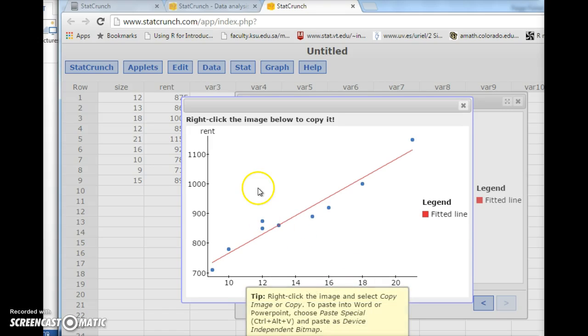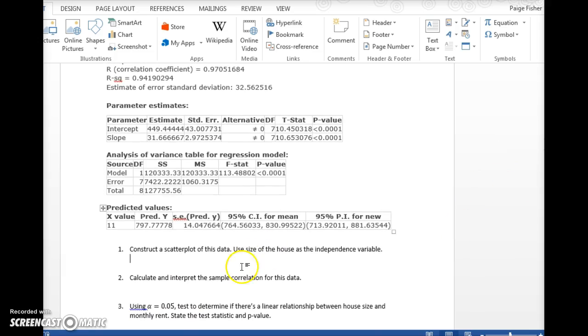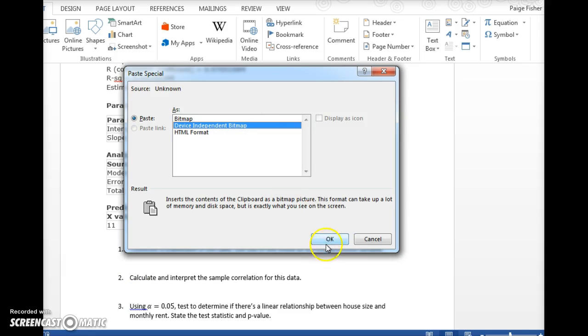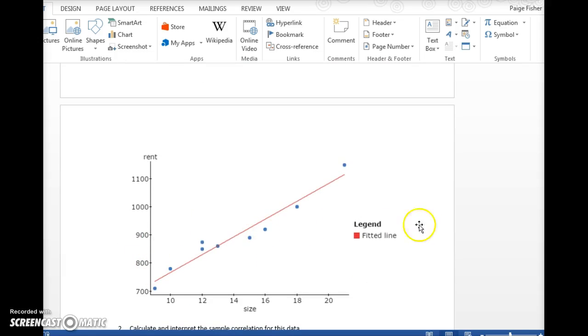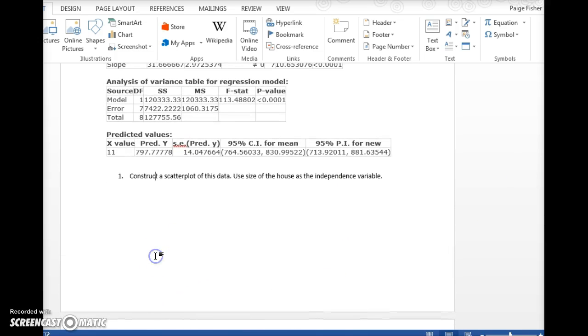To paste in Word, we do Control Alt V. And each computer might be different. So Control Alt V, and device independent bitmap. So I pasted that underneath the first question where it says construct a scatter plot of this data.